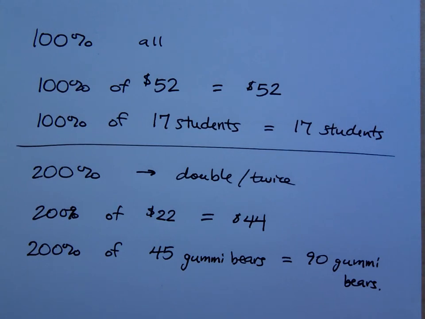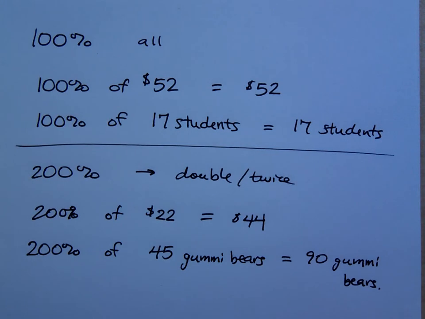If I say there was a 200% increase, that means the original amount hasn't been doubled, but you've added double the amount. So if I said I had 45 gummy bears and I increased my gummy bears by 200%, that means I added 90. It doesn't mean I end up with 90. It means I would add 90 to what I already had.